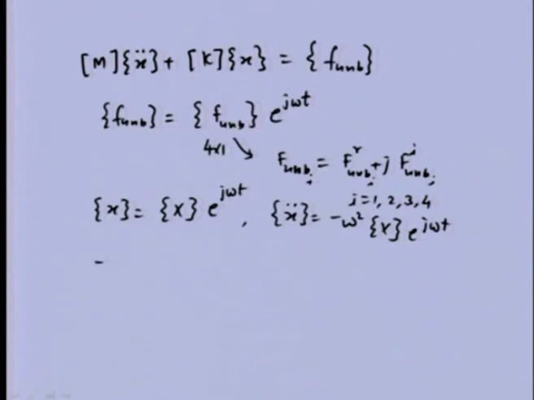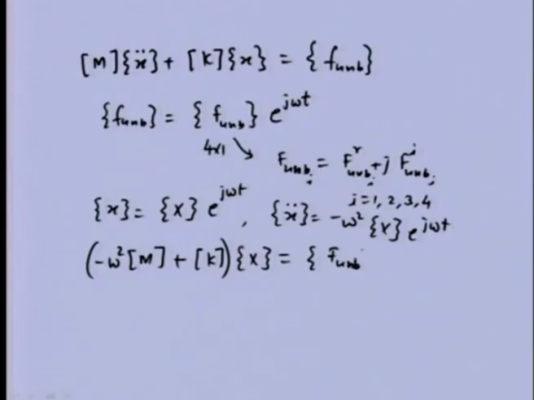So, from the equation of motion, capital X is equal to the unbalanced force magnitude, the complex amplitude, and the time dependent term will vanish. Now, the response of the system we can get by inverting this particular matrix.